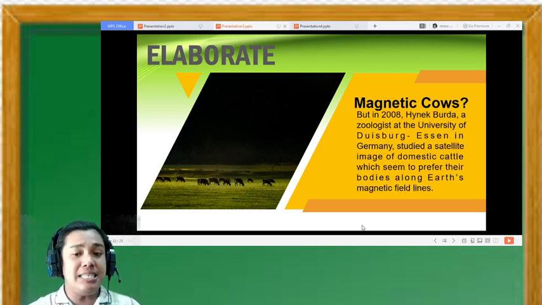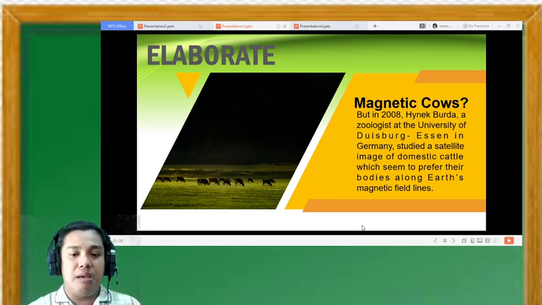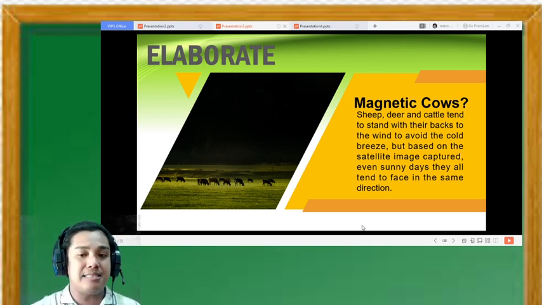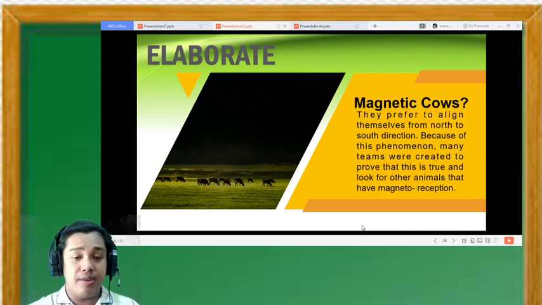But in 2018, Heineck Burda, a zoologist at the University of Duisburg in Essen in Germany, studied a satellite image of domestic cattle which seem to prefer aligning their bodies along Earth's magnetic field lines. Sheep, deer, and cattle tend to stand with their backs to the wind to avoid the cold breeze, but based on the satellite image captured, even on sunny days, they all tend to face in the same direction.